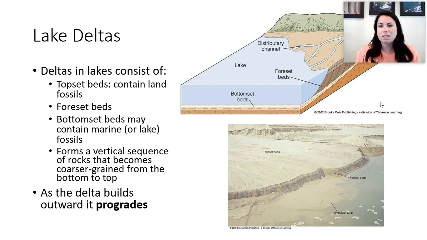So this is where we would see a combination of different fossils within one bed or within one type of deposit. And this forms a vertical sequence of rocks that become coarser grained from the bottom to the top. So at the base, you would have coarse grains, and at the top, you would have these fine grains, and a delta builds outward, so it progrades. These are some of the words that we talked about last lecture.